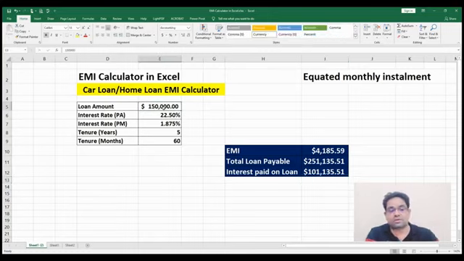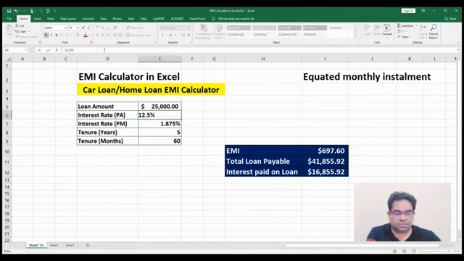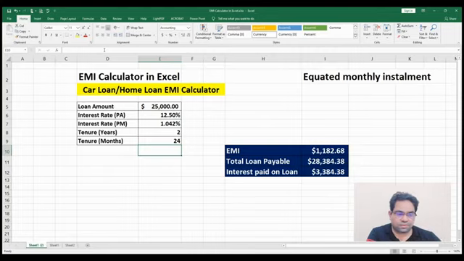Now let me show you how we check. Suppose your loan amount is only $25,000, and the interest rate is 12.5%. You can see this automatically changes to 24 months for 2 years. If you take a loan of $25,000 at an interest rate of 12.5% for 2 years, your EMI will be $1,182.68 per month for 24 months.